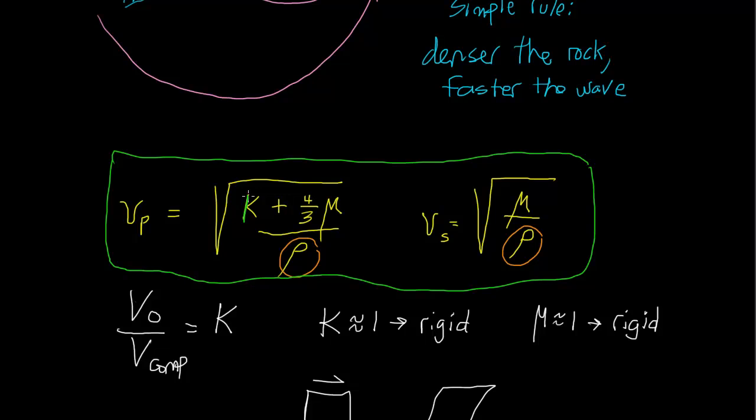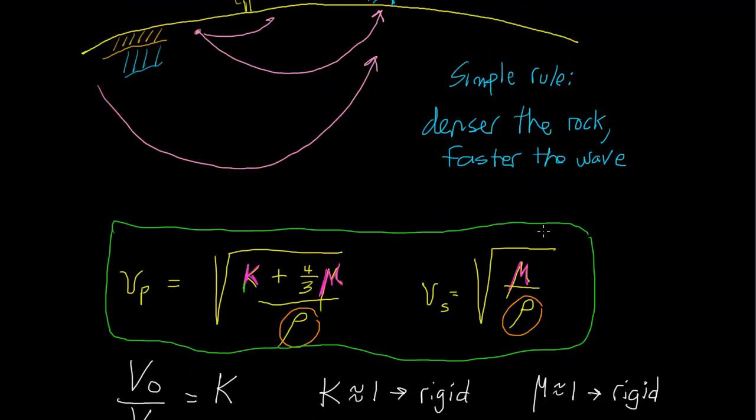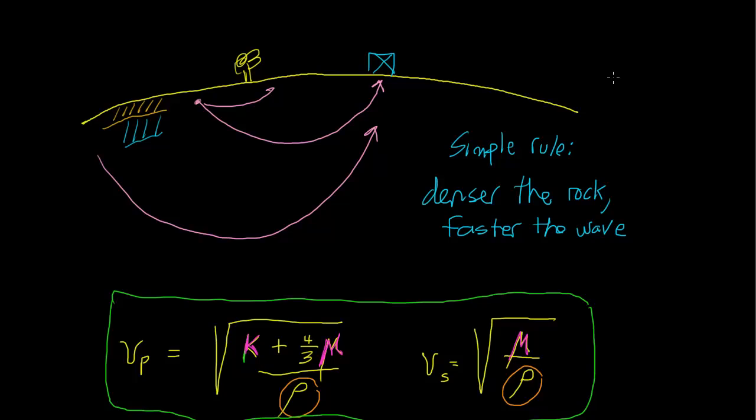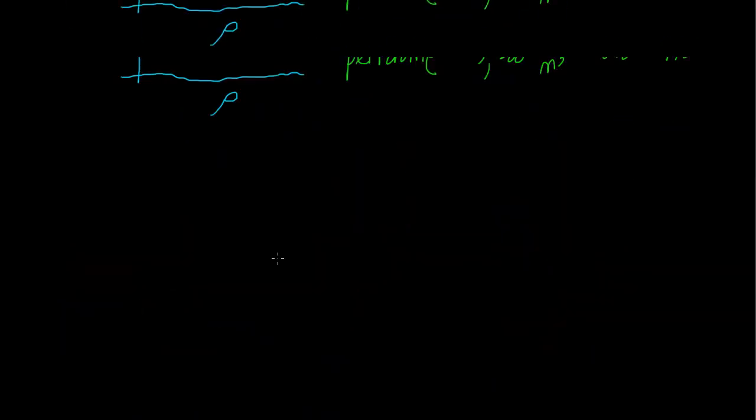It's these factors, these things in pink here, that actually dominate the equation and explain why we had that simple rule, which still is valid: the denser the rock, the faster the wave. But we should rewrite that to be more accurate.